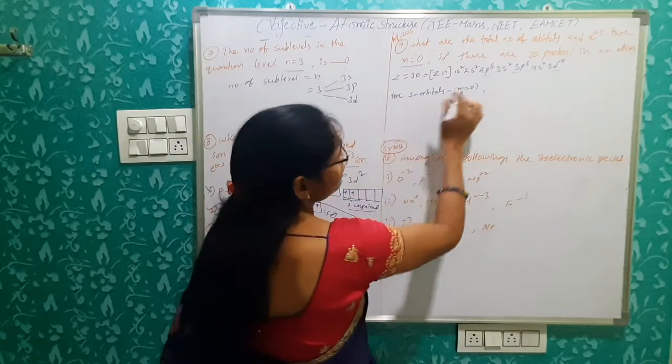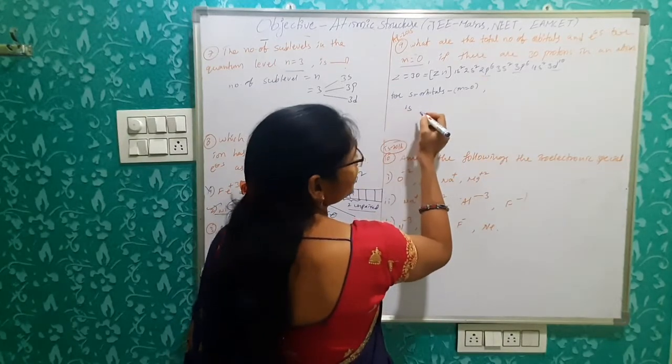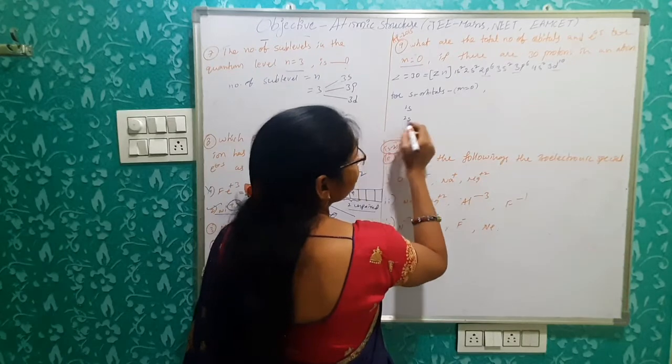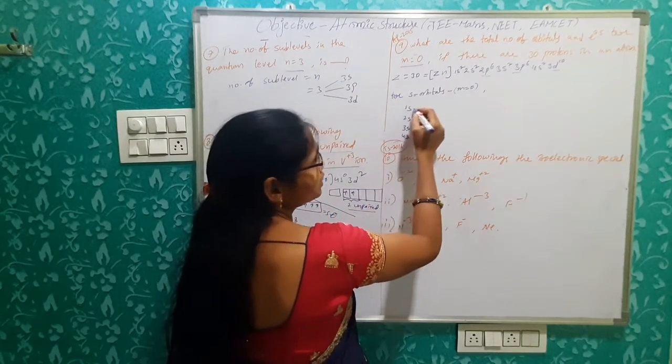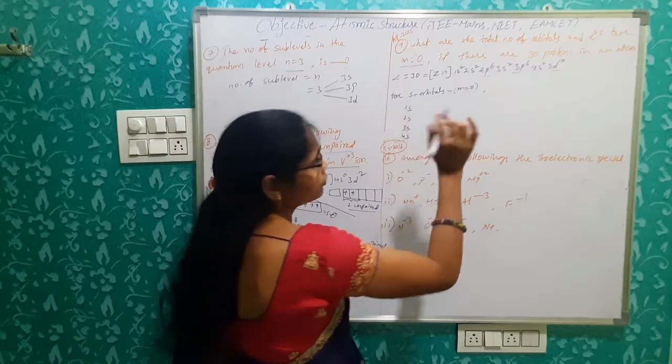See here, simply the s orbitals: 1s orbital, 2s orbital, 3s orbital, 4s orbital. For these orbitals m equals 0. Enough. Next.